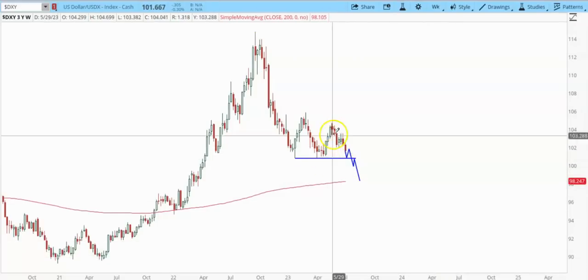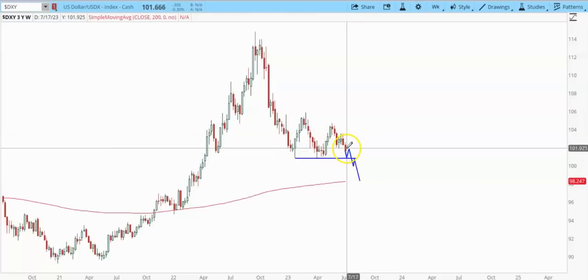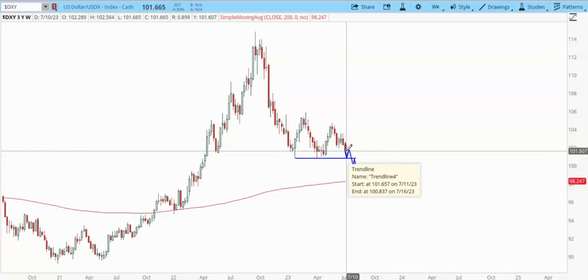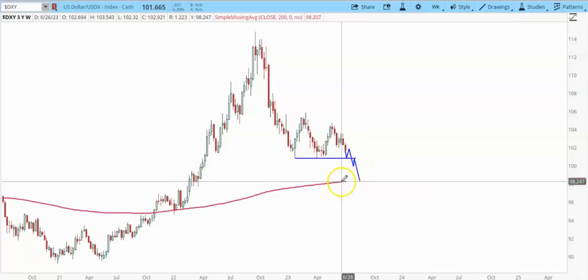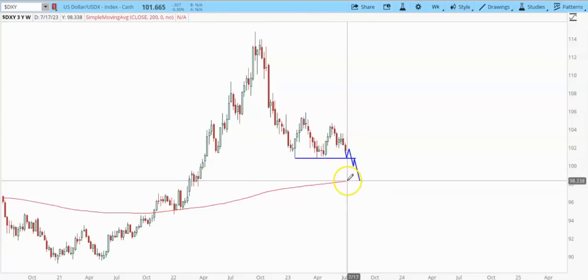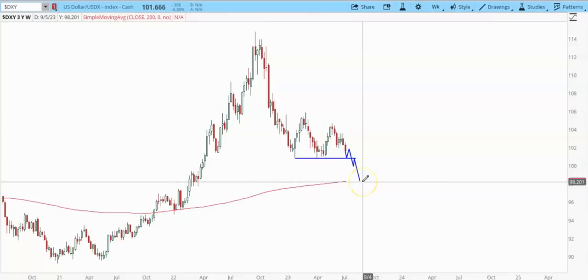But for this intermediate cycle anyway, we're 13 weeks into it this week. Generally speaking, I would expect an intermediate decline to last 20 to 25 weeks. So we've probably got 9 to maybe 12 more weeks to go before this bottoms. And the intermediate bottom is probably going to occur on some kind of tag of this 200-week moving average.